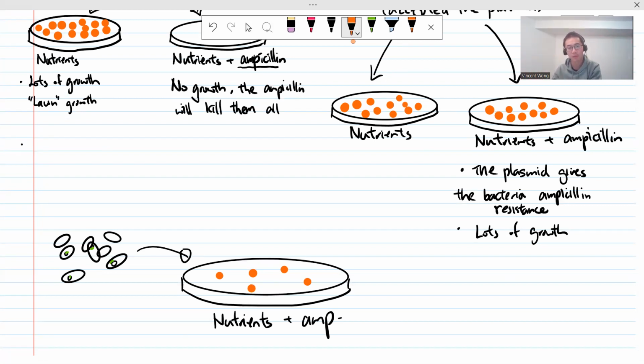You're gonna have some growth, because only those who have accepted the plasmid will grow. Everything else will die. That's how you can select for them. Those growing on the plate are the ones we want to keep. Those are the ones who have accepted the plasmid, therefore accepted the gene of interest. And if the gene of interest is insulin, these are the ones that will produce insulin for us.